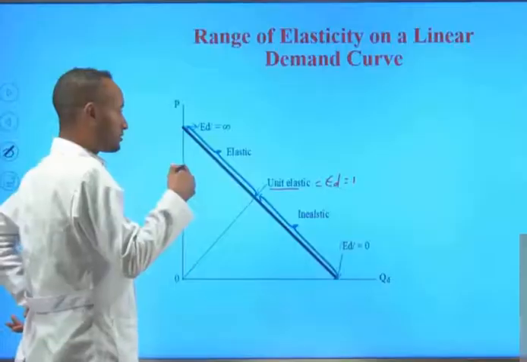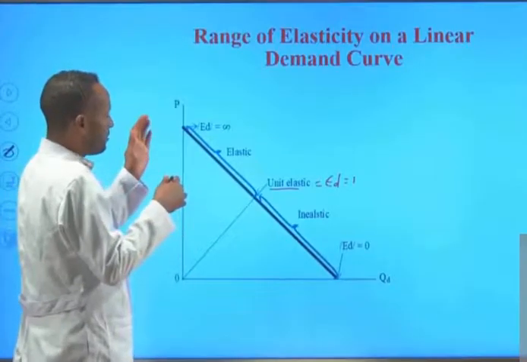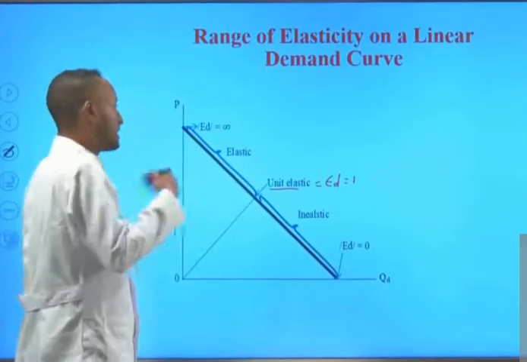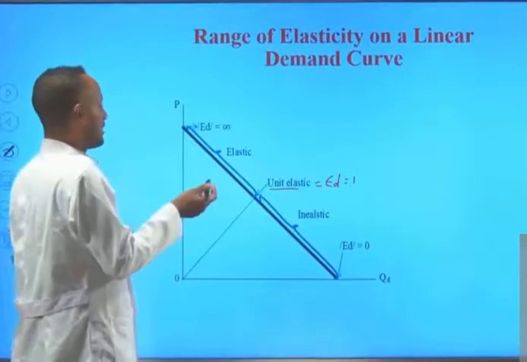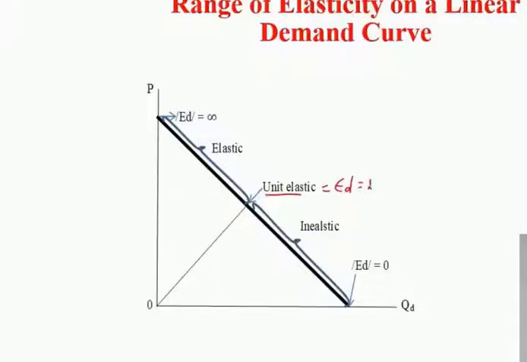As one moves towards the y-axis from the midpoint, elasticity tends to be greater and greater. Finally, at this point, the price elasticity of demand is infinity, and this linear demand curve takes the characteristic of a horizontal straight line demand curve. This demand curve is called the perfectly elastic demand curve.